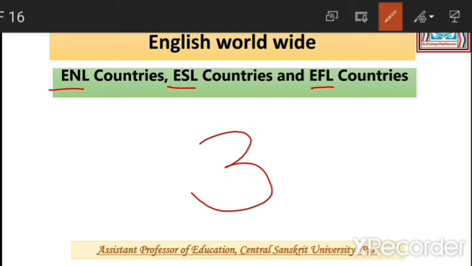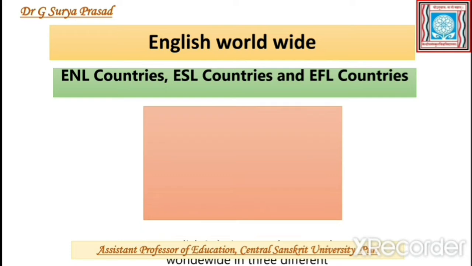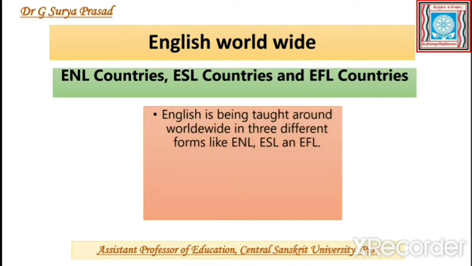And the third category is English as a foreign language, where English will be taught as a foreign language. Like this, English is being taught around the world in three different forms: English as a native language, English as a second language, and English as a foreign language.